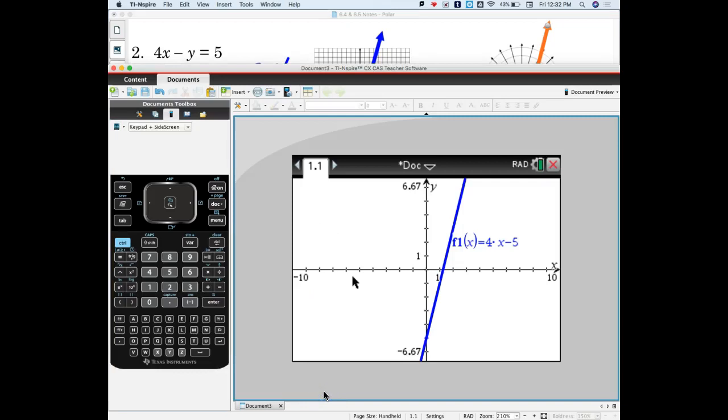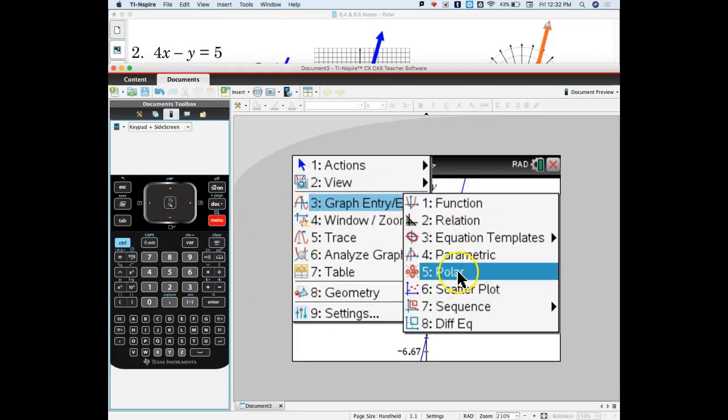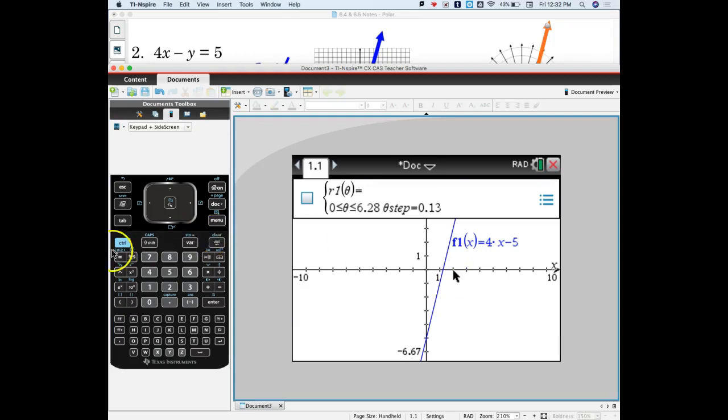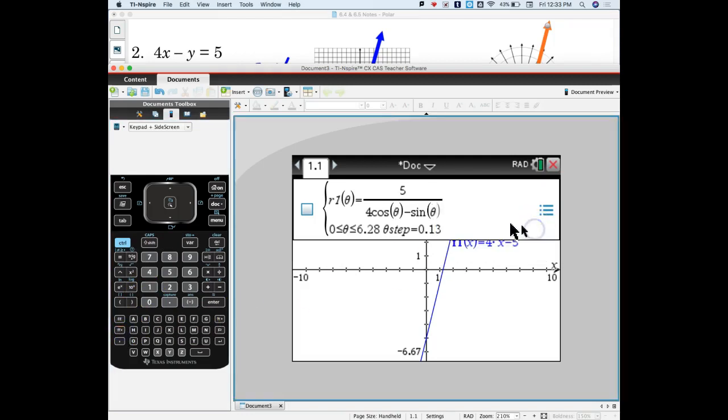Over here, in a graphical type of way, I need to change my entry and my edit into polar, and then I need to make myself a fraction. 5 divided by 4 cosine of theta minus sine of theta.